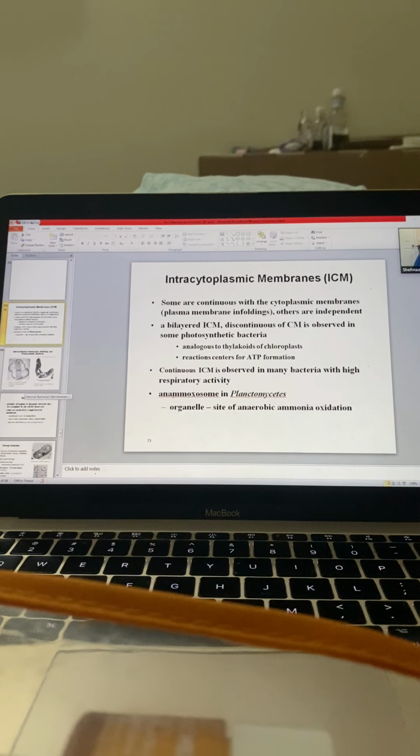And also anammoxosomes, and anammoxosomes are found in the planctomycetes. These are organelles. These are the site of anaerobic ammonia oxidation, and we will be talking about anaerobic ammonia oxidation as we go along. So we do have some intracytoplasmic membrane representation in these two figures.